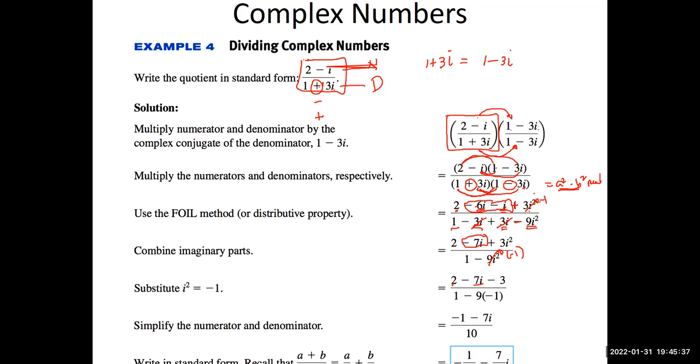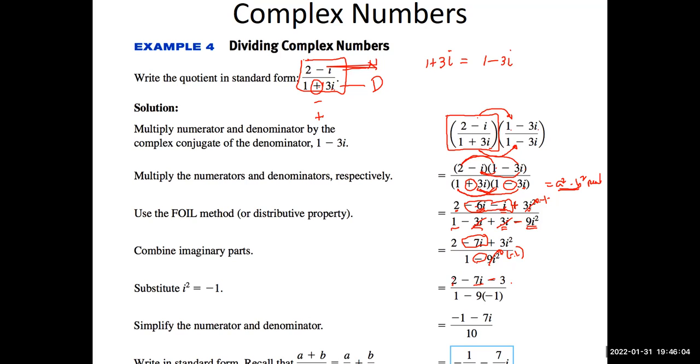And then 2 times 2 plus 3, -1. Right? So that will now be equal to -3. Then our denominator, i squared is -1, and then this one is negative, so that is positive 9. It will give us positive 9.